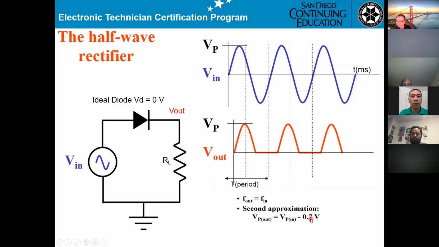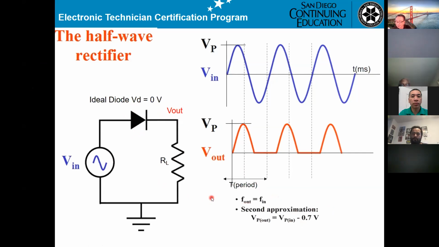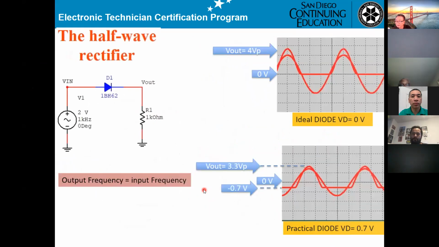The thing is, if it's not ideal, then when the diode is on, you must substitute the diode with a battery of 0.7 volt, left side positive, right side negative. So that's why the output gets a negative 0.7. I hope that makes it clear.